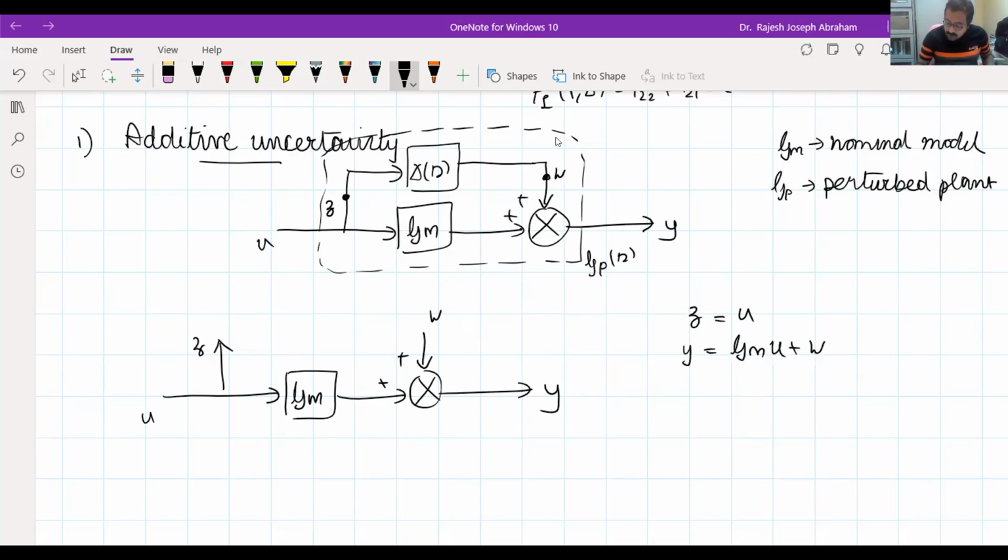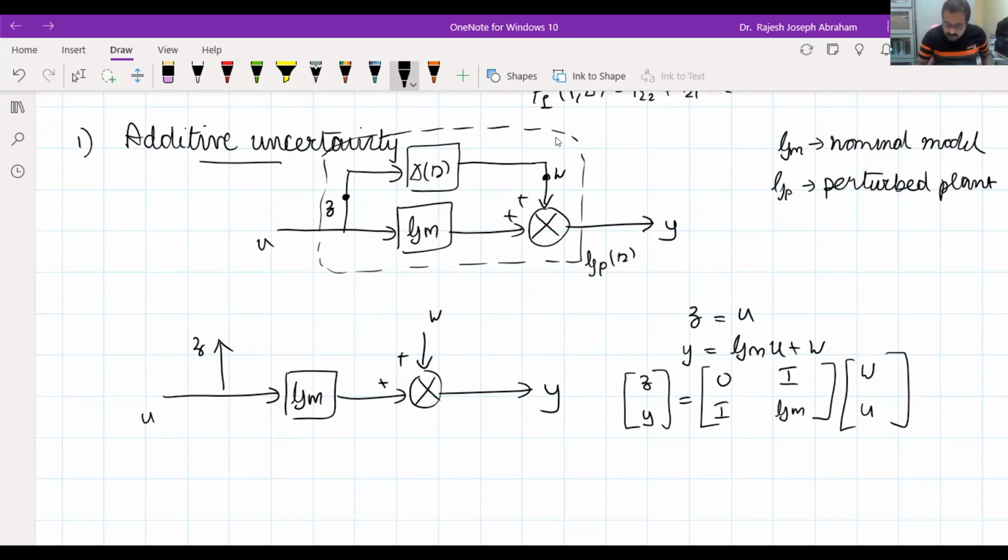So in LFT form, I can write Z and Y equal to a matrix times W and U. Corresponding to W we have 0, corresponding to U we have I, corresponding to W we have I, and corresponding to U we have GM.